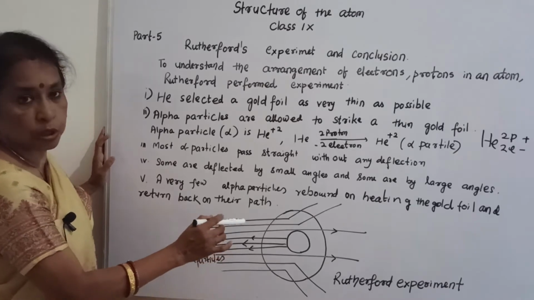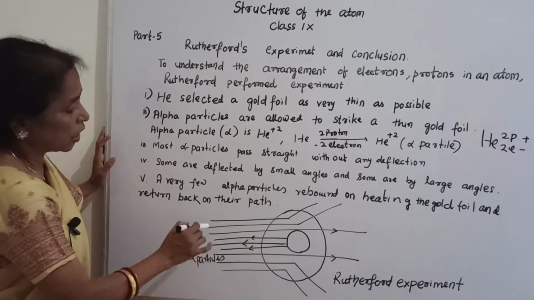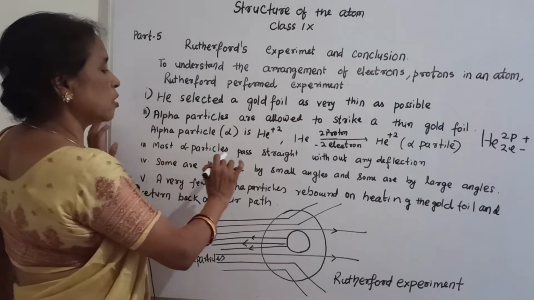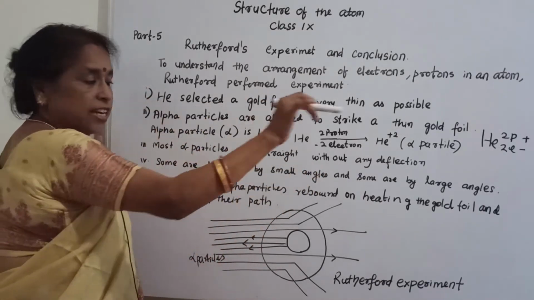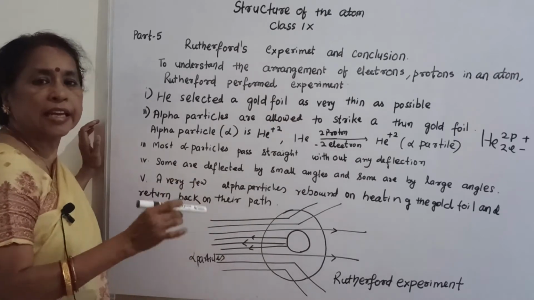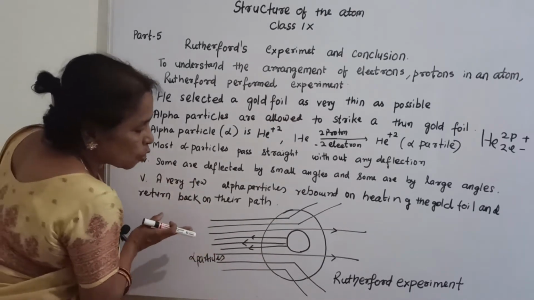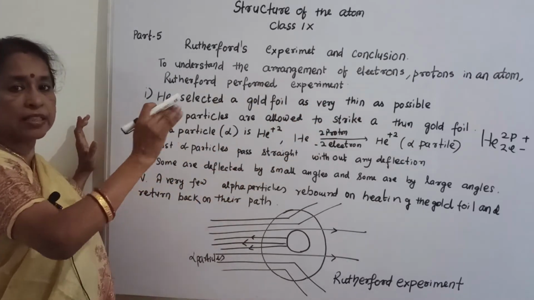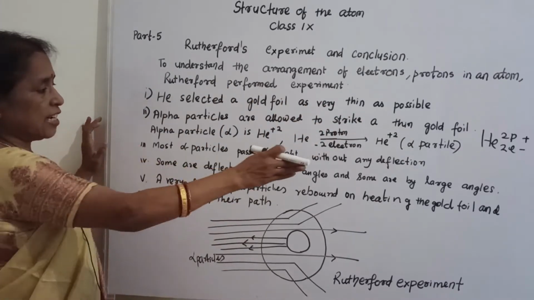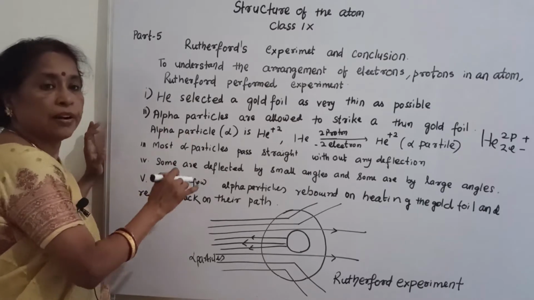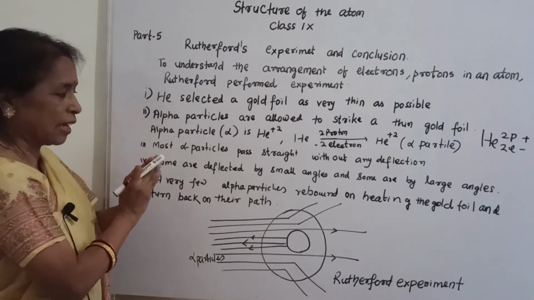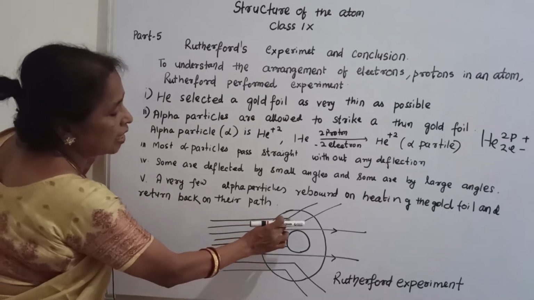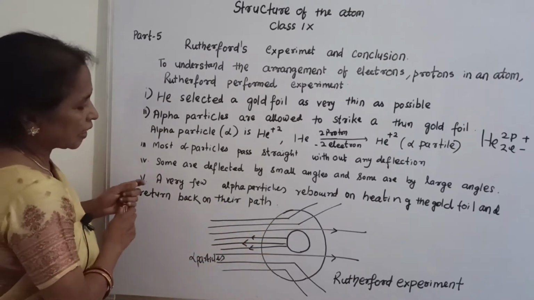Now what did he observe? Most of the particles go in a straight line without any deflection. That means many particles are going in a straight line, and some are deflected by a small angle or by a larger angle. You can draw the diagram like this: a small angle and a larger angle.